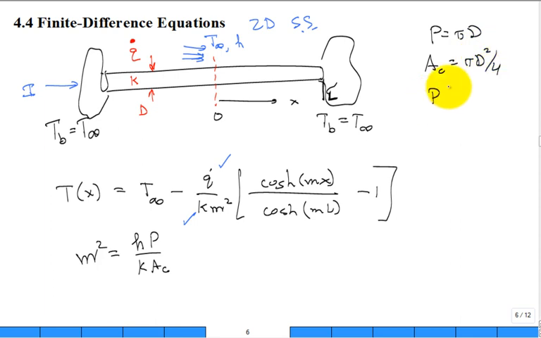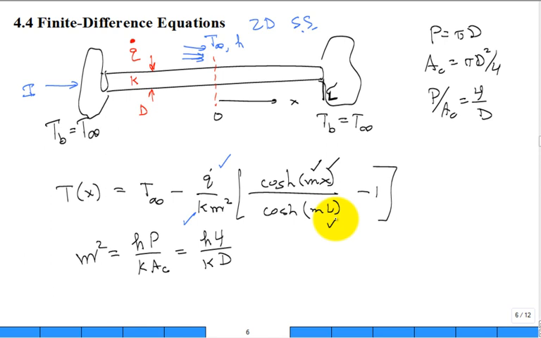So the perimeter divided by the cross-sectional area is 4 over diameter. So you could replace it for a round rod, h, 4 divided by k d. So that's what the m squared is. And then the square root of m squared gives us m. And then we understand what x is, we understand what L is. So without any numbers, there's our analytic solution.